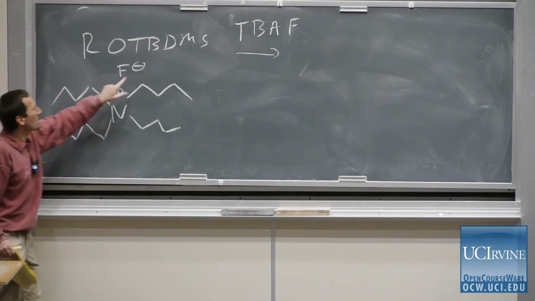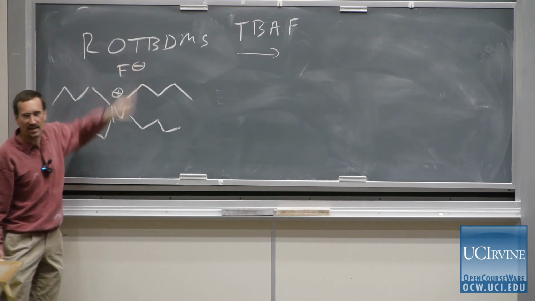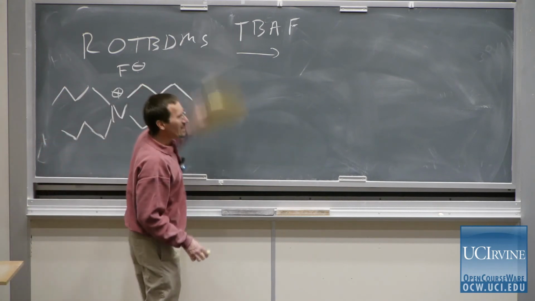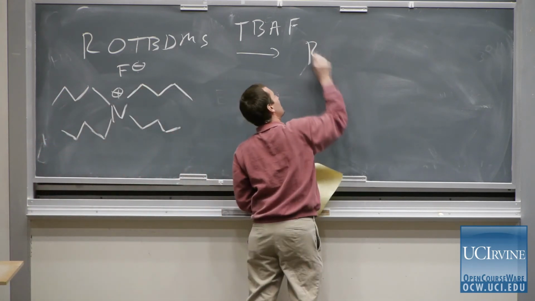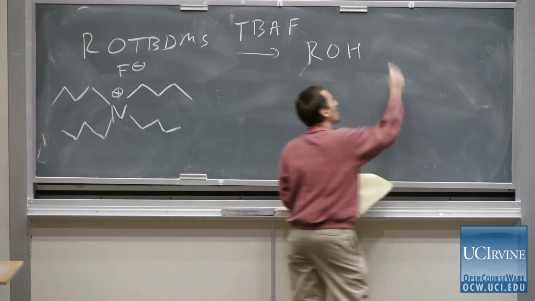And fluoride loves silicon. Oxygen likes silicon a lot. Fluoride forms a really, really strong bond to silicon. When we treat our TBDMS ether with TBAF, we get back our alcohol.